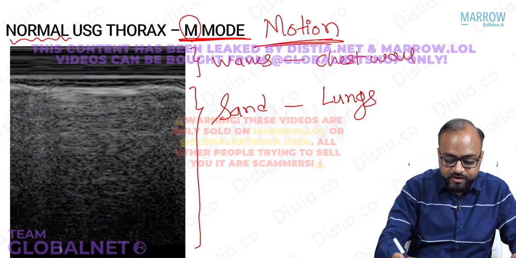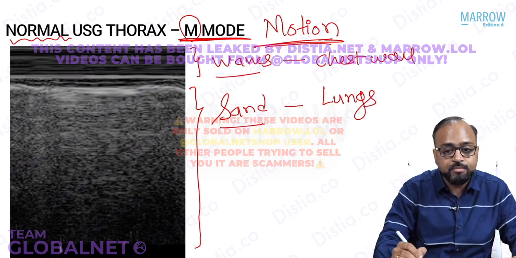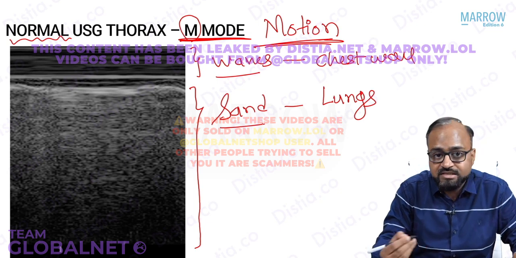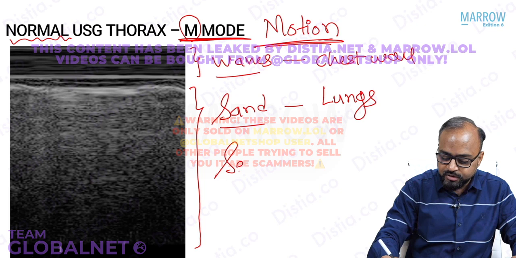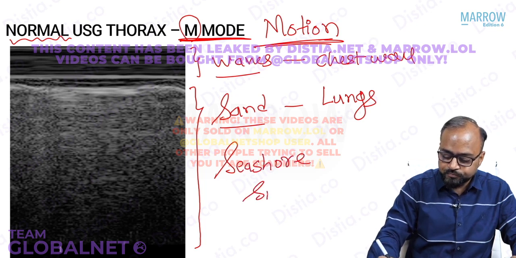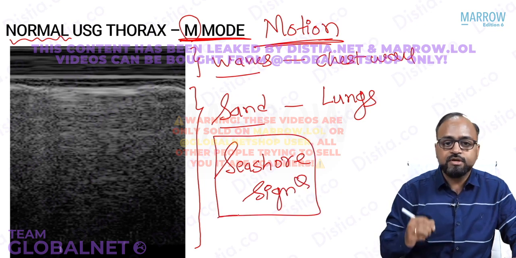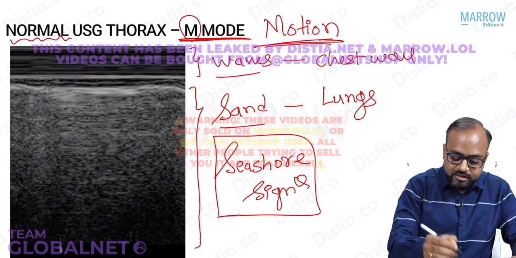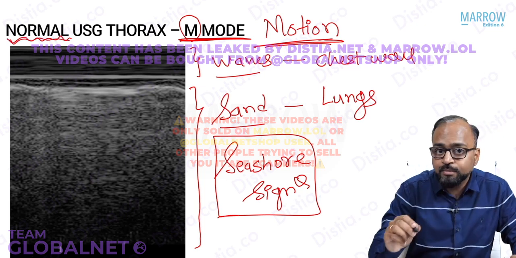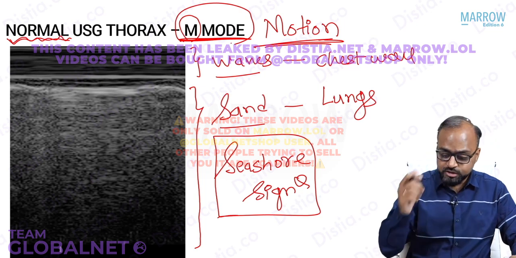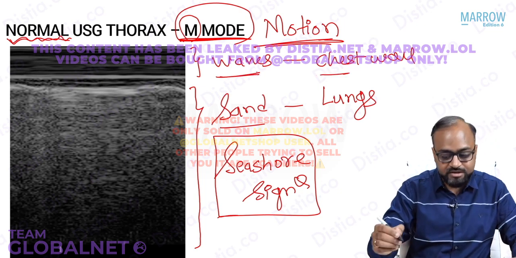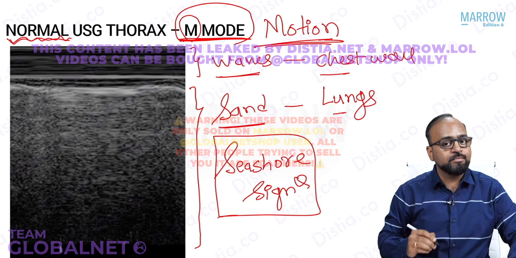So this wave-like appearance and sand-like appearance looks as if this is a seashore, and this appearance is therefore called the seashore sign. So seashore sign is seen in what? It is seen in normal cases on M mode ultrasound, where the chest wall creates the waves, whereas the lungs create the sand-like appearance.